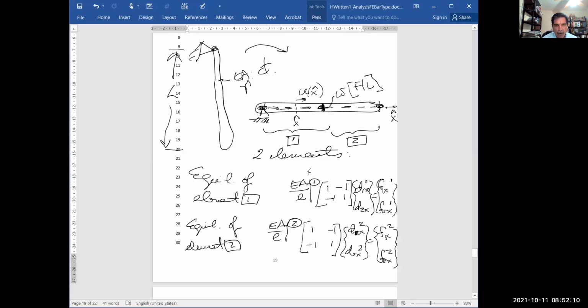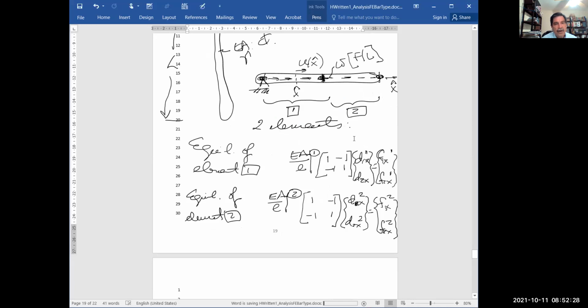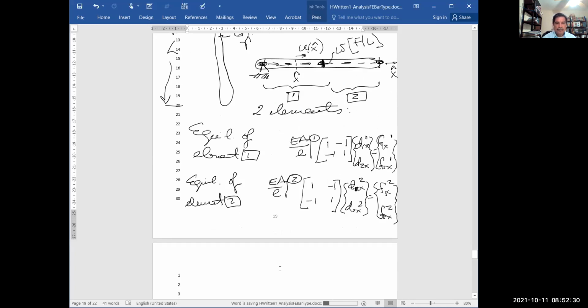Okay, now we have to recognize something. This joint here is the second joint for the first element, right? But also, this joint is the first joint of the second element. So we can take advantage of that in the following way.